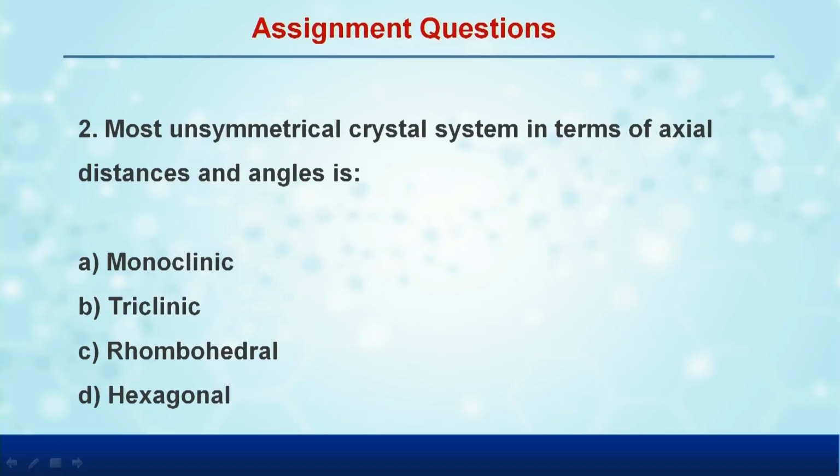Question number 2, most unsymmetrical crystal system in terms of axial distances and angles is, the options given are option A, monoclinic, option B, triclinic, option C, rhombohedral and option D, hexagonal.